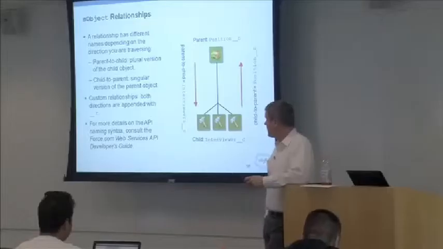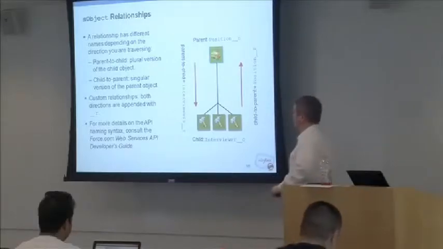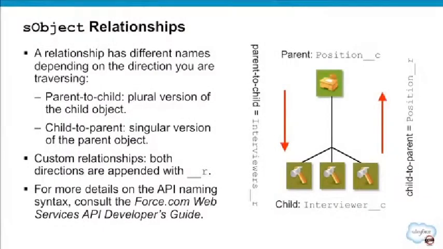Okay? So taking a look at this, here we have a relationship between position and interviewer. From each interviewer record, we can reference the parent using a special field called position__r. From the position, there's another field called interviewers__r to refer to those child records.